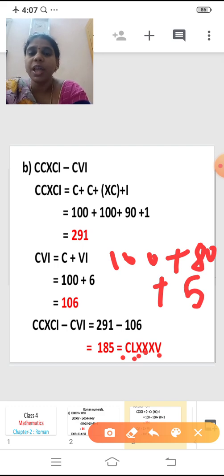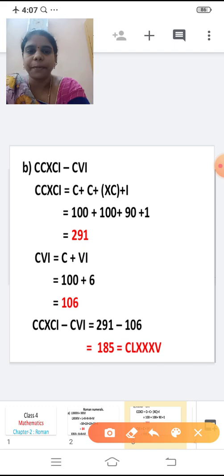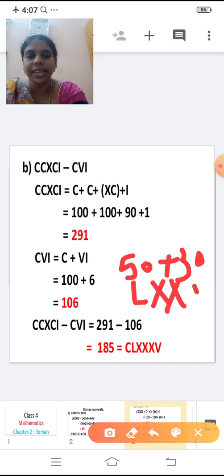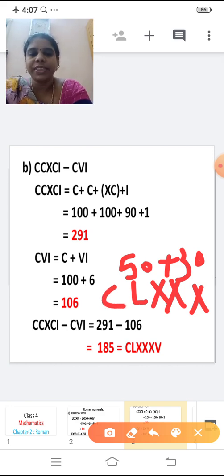The Roman numeral for 5 is V. Right, children? So 185 is CLXXXV.